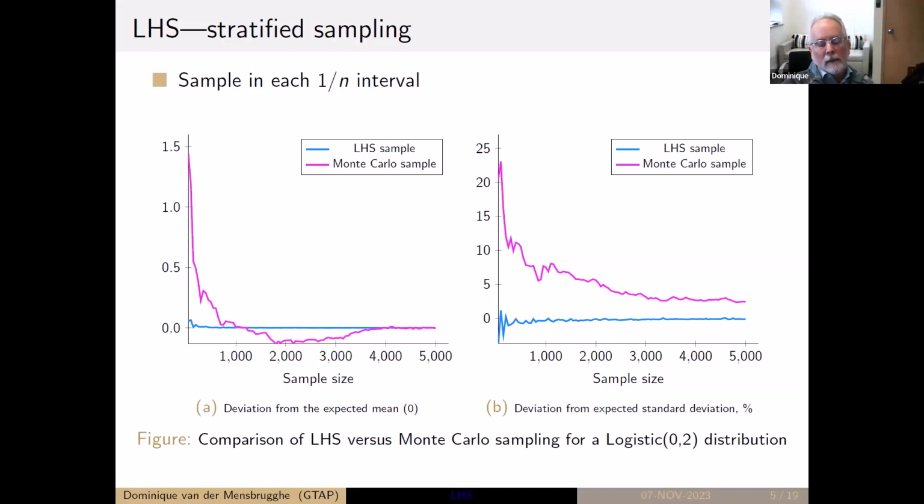For the variance, the standard deviation, the deviations are still pretty substantial for the standard Monte Carlo sampling compared to the LHS sample, which pretty quickly converges towards the anticipated standard deviation. So that's the motivation behind the LHS sampling.